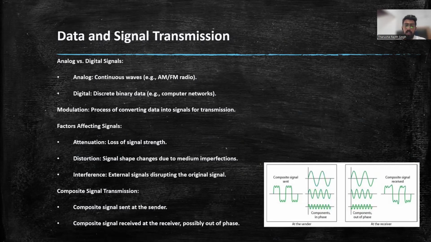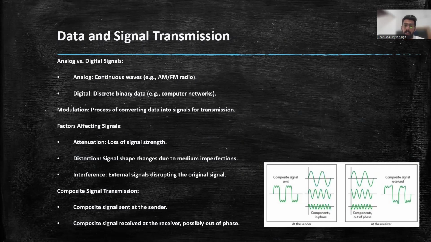At the receiver, the composite signal is decomposed back into the original components. However, due to factors like noise, interference, or propagation delays, the received components may be out of phase with the original signals.